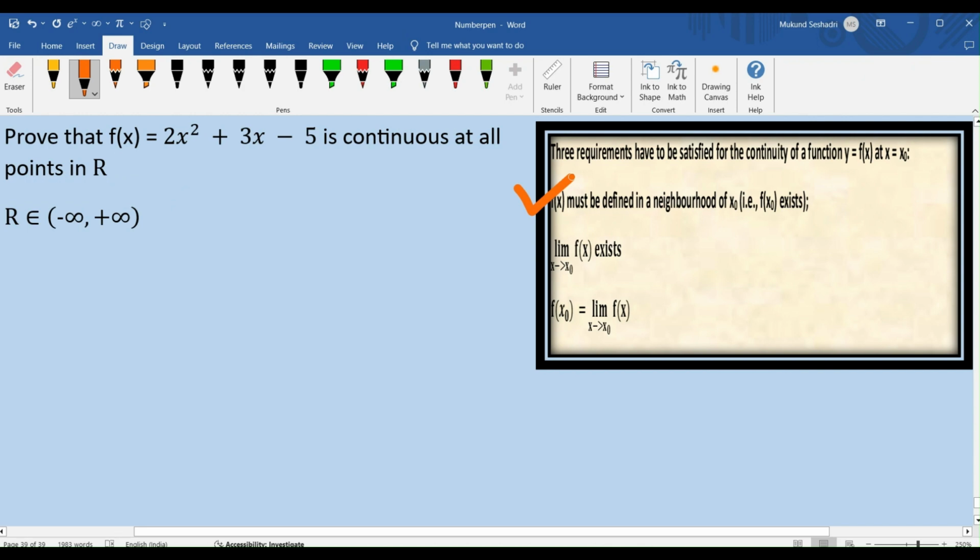And why is this? So what do we actually mean by continuity? Continuity, when you pull out the English dictionary meaning, right? What does continuity mean? It means being continuous, right? And what does it mean being continuous at a point x equal to x naught?